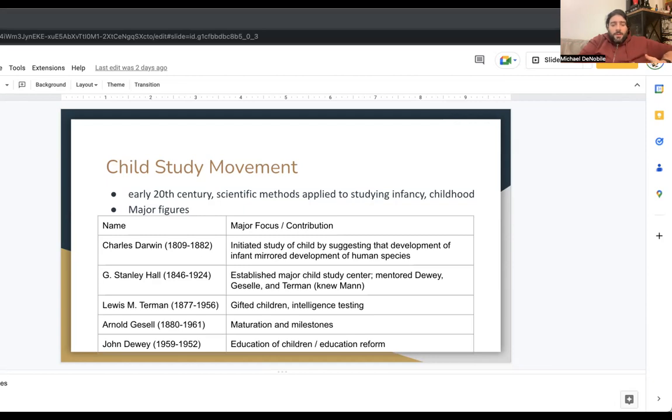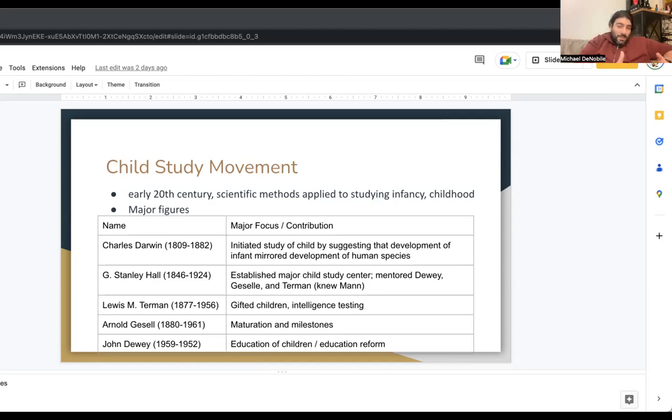The other thing about Darwinism was he had concepts like survival of the fittest, and this started what was known as the eugenics movement. The eugenics movement aimed at improving the genetic quality of human populations by making sure only certain populations participated in the gene pool.